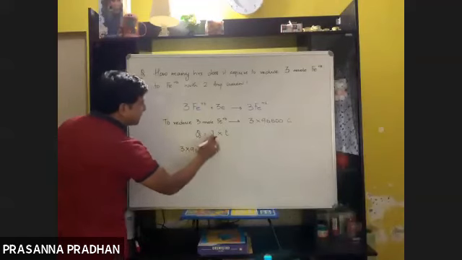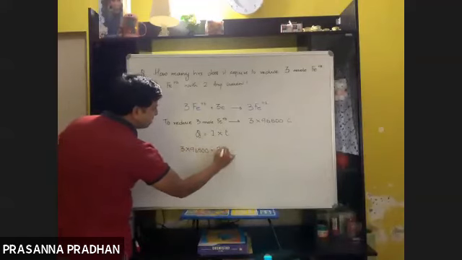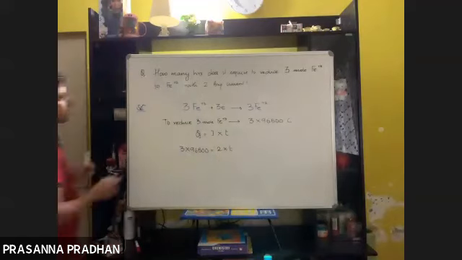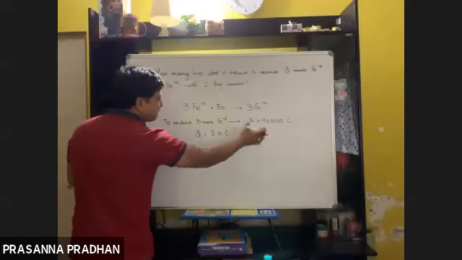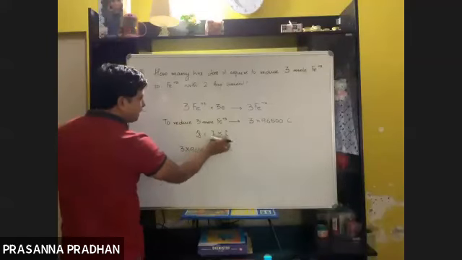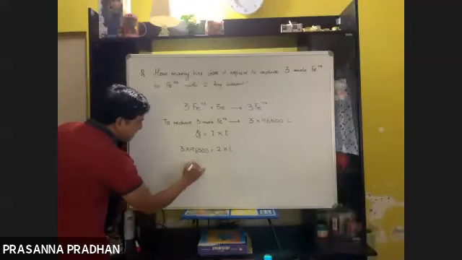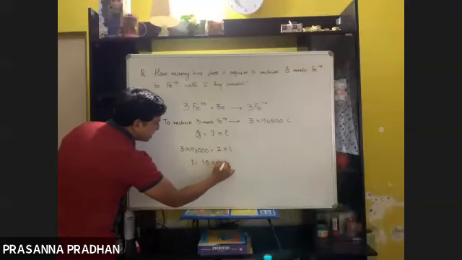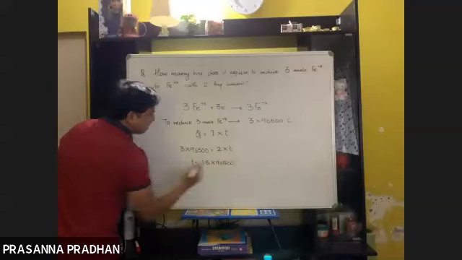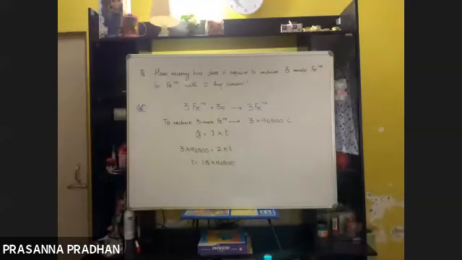And the amount of current passed is 2, so 2 into T. So Q equals I into T. So what is the time then? It will be 1.5 into 96500.